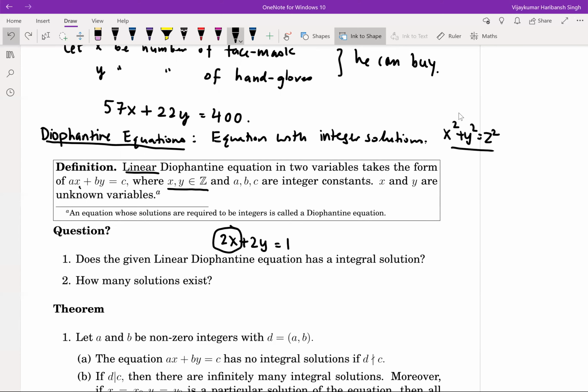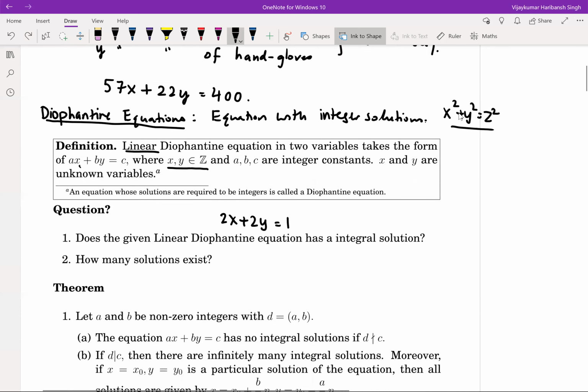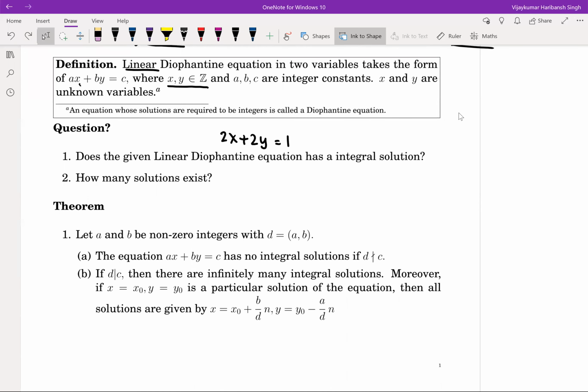Now, how about a linear Diophantine equation in general? And if the solutions exist, how many of them exist? That is given by the following theorem. Let a, b be non-zero integers with d equals gcd(a, b).